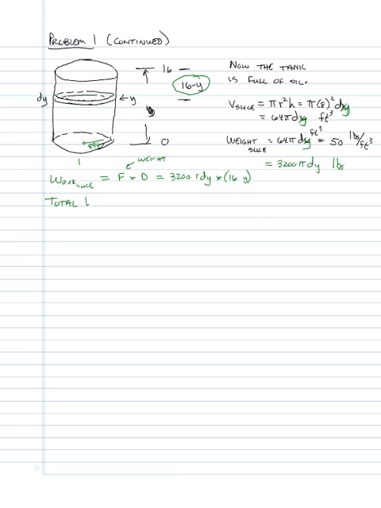So the total work that we're going to do is we're going to add up the work that's required for each slice, and we have an infinite number of those slices. But those slices this time are starting at 0 as they did before, but since the tank is full, we can have a slice that's all the way at the top, 16. So we are going to have an integral from 0 to 16 of 3,200 pi times 16 minus y dy.